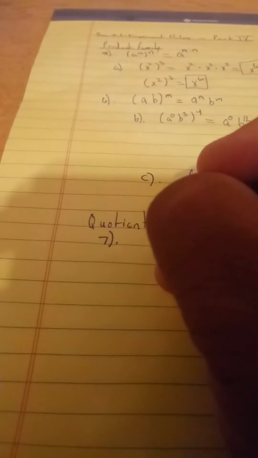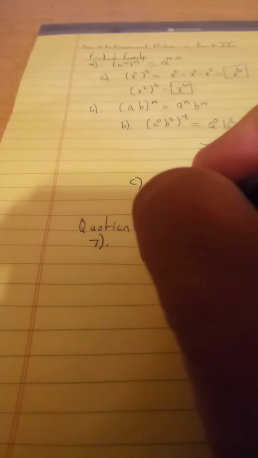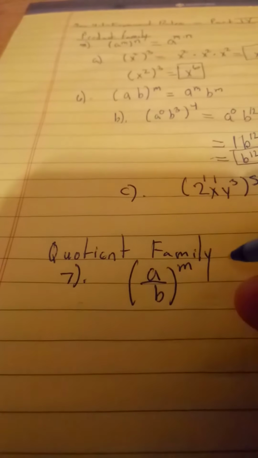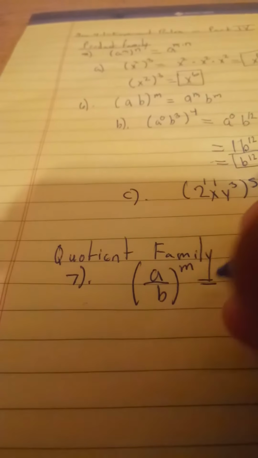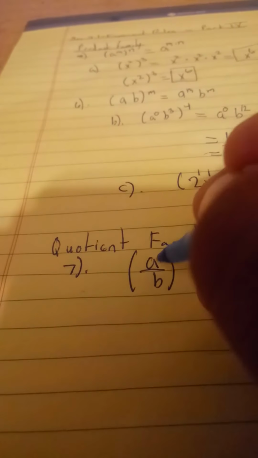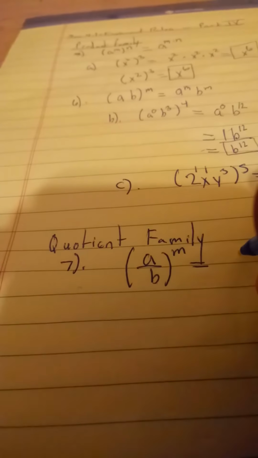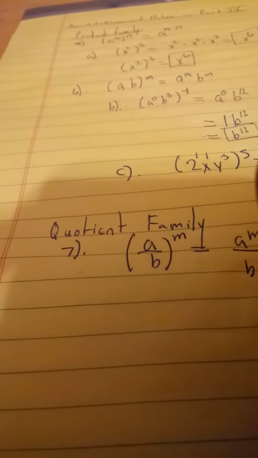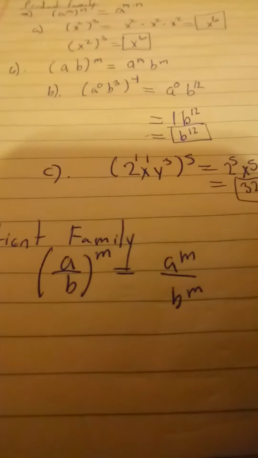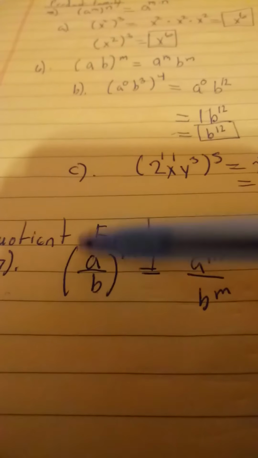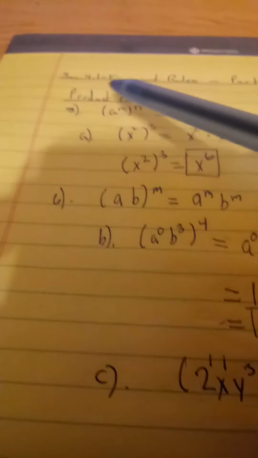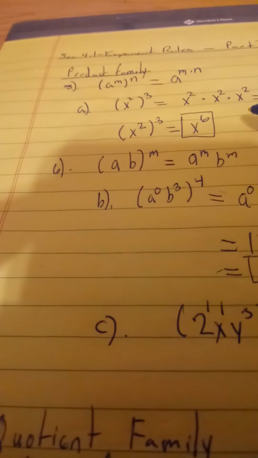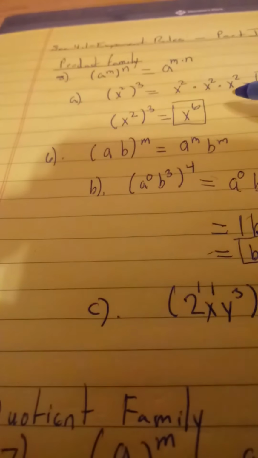This will be a over b, all raised to the m power. Just like in the previous one, we're going to distribute that exponent to the top and to the bottom. So this will be a raised to the m and b raised to the m. Now, once again, keep in mind that you're going to use that exponent rule with the exponent rule that we talked about as well. So you'll see a lot of intermingling between the exponent rules.